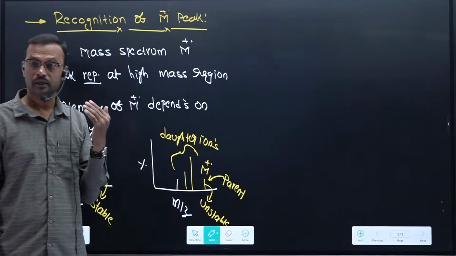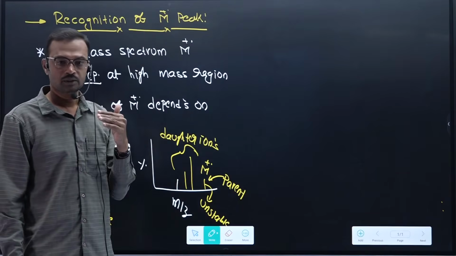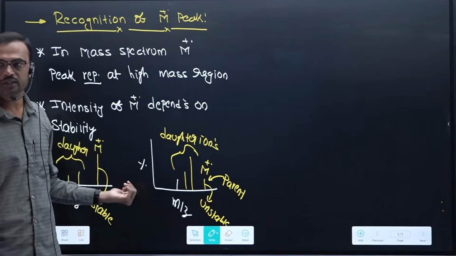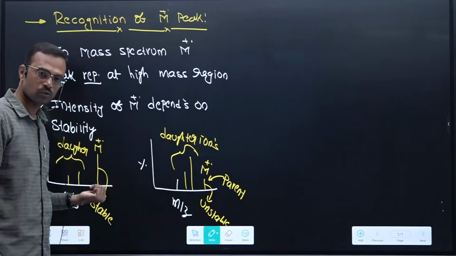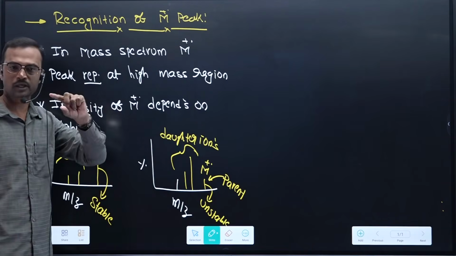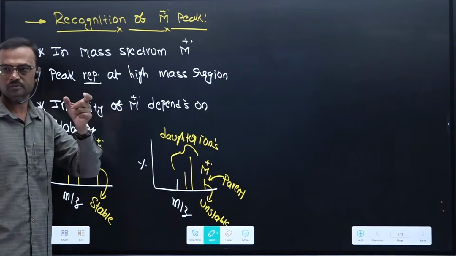So what are the different possibilities? What are the misleadings to confirm that the last peak is not a molecular ion peak? Generally we think the last peak always belongs to the molecular ion peak, but that is not correct. We can't really call them mistakes, they are misleadings.